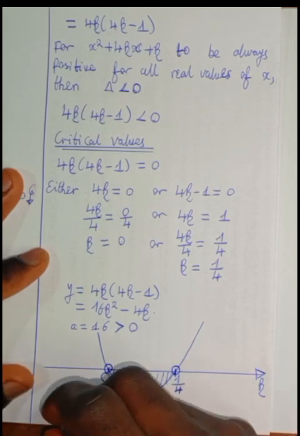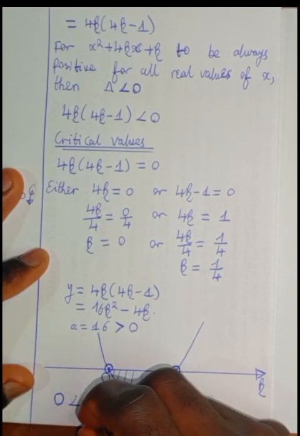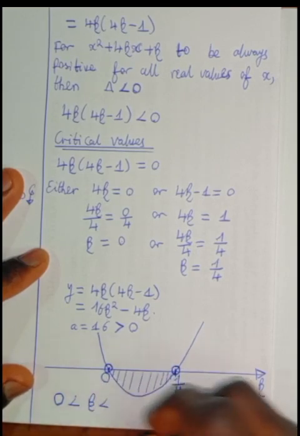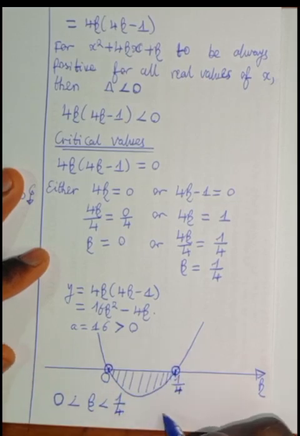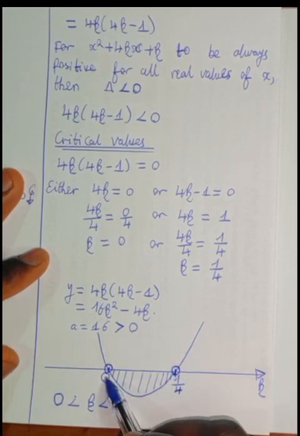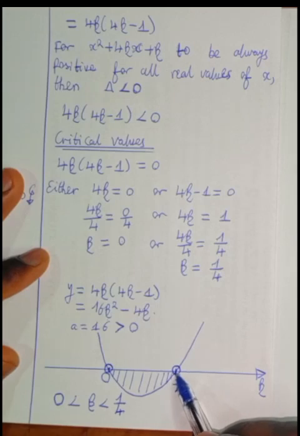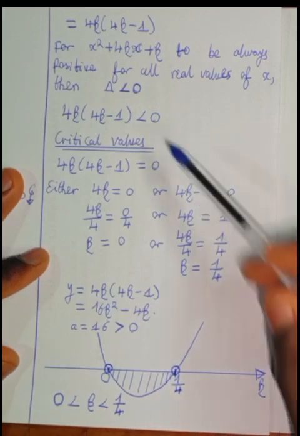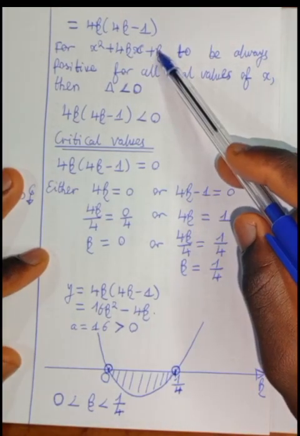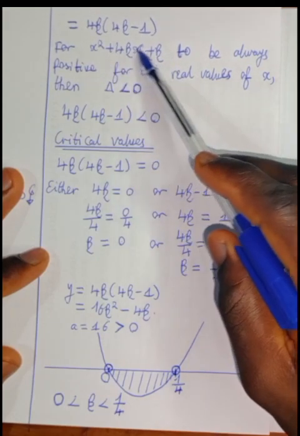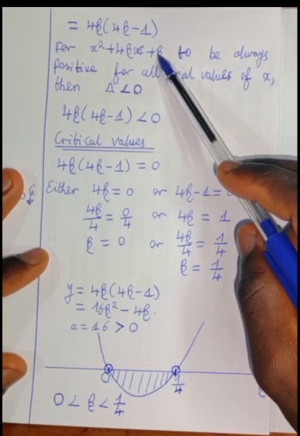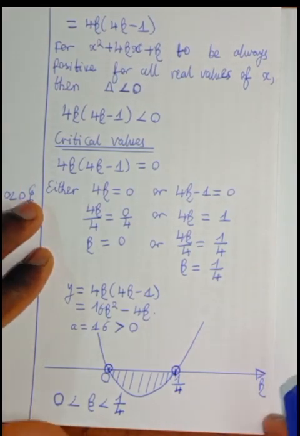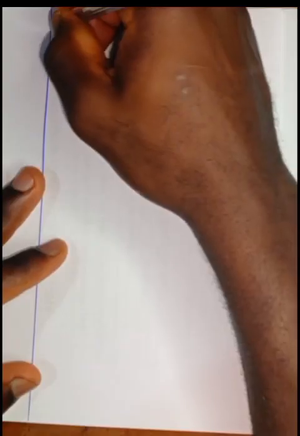In this case, we can give the required range of values for beta. It therefore means 0 should be less than beta, beta should be less than 1/4. So if you take a value for beta which is between 0 and 1/4, you insert it here for all the values of x, this our quadratic expression will always be positive. It's something you can check, you can verify. Now let's conclude.